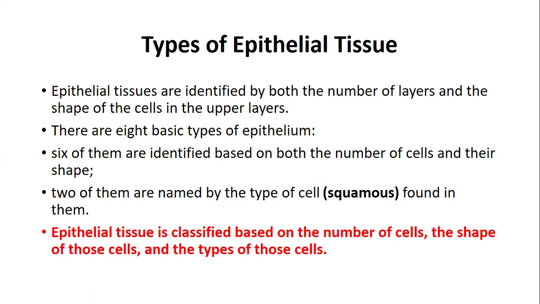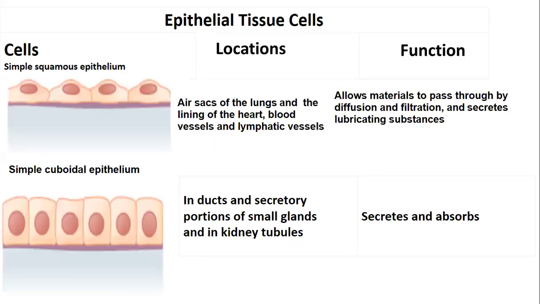2 of them are named by the type of cells that are found in them, such as squamous epithelium. Epithelial tissue is classified based on the number of cells, shape of those cells, and the type of the cells. So the following are examples of the epithelial tissues that we are talking about.